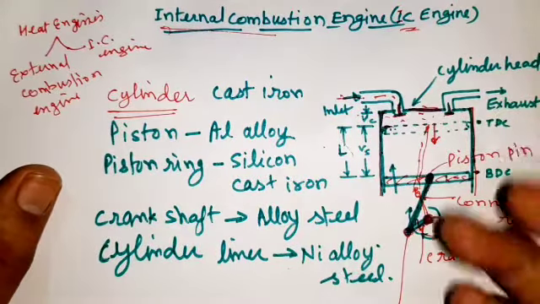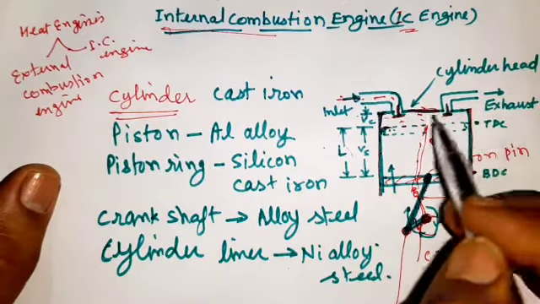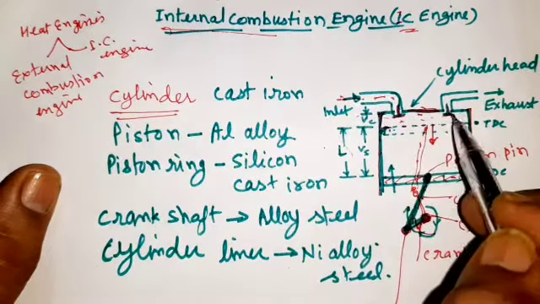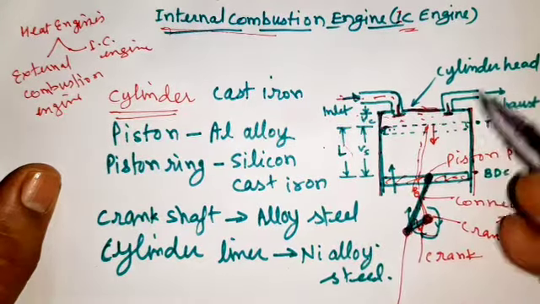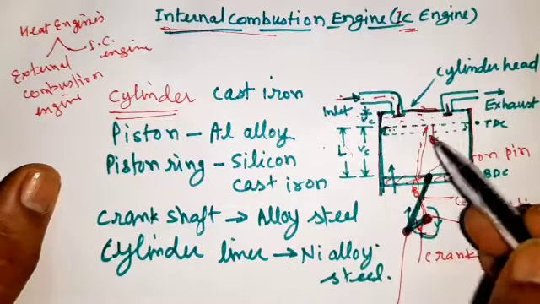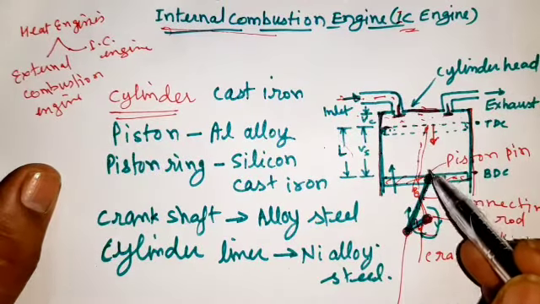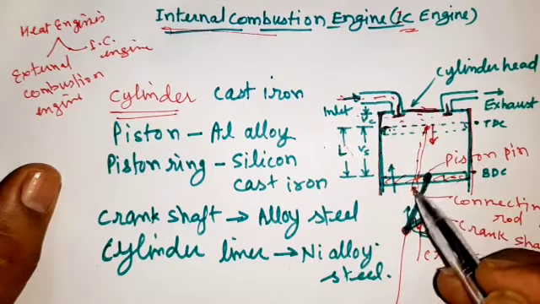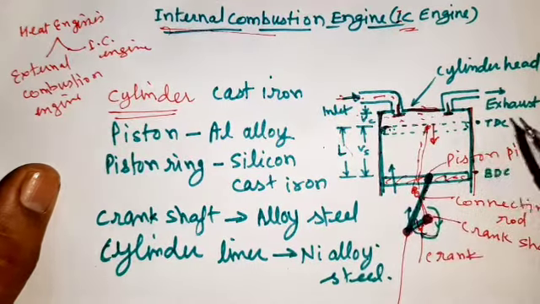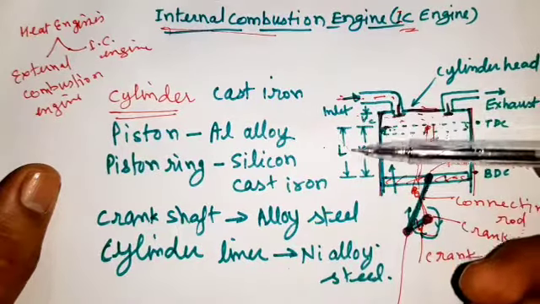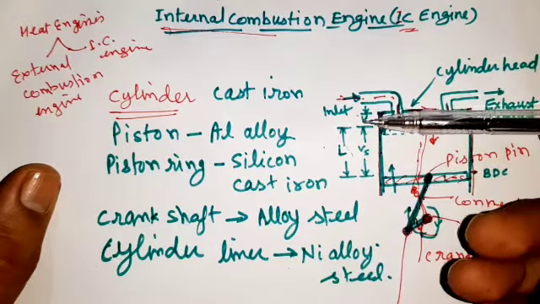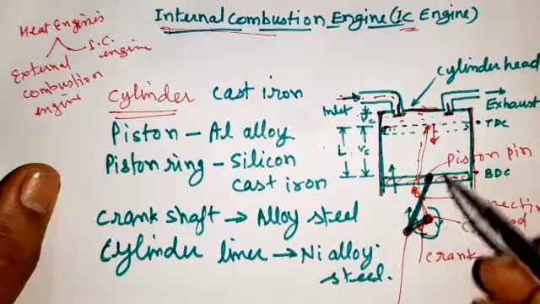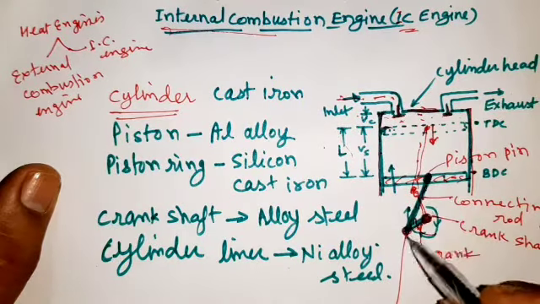Suppose the piston is at TDC. In this situation, the inlet is open and the exhaust is closed, so the air-fuel mixture will be sucked in when the piston moves vertically downward. The piston is also connected with the connecting rod, so when it moves from TDC to BDC, this reciprocating motion makes the connecting rod rotate the crank.